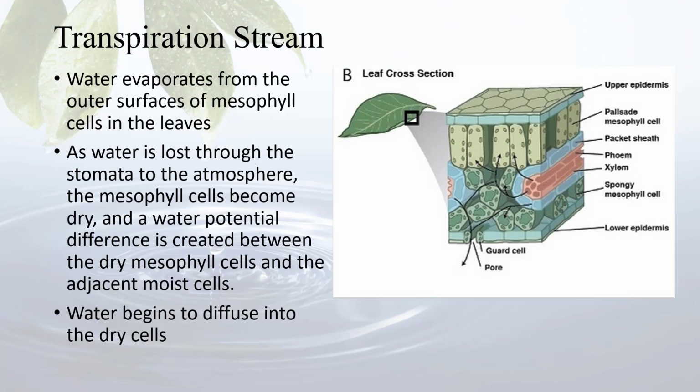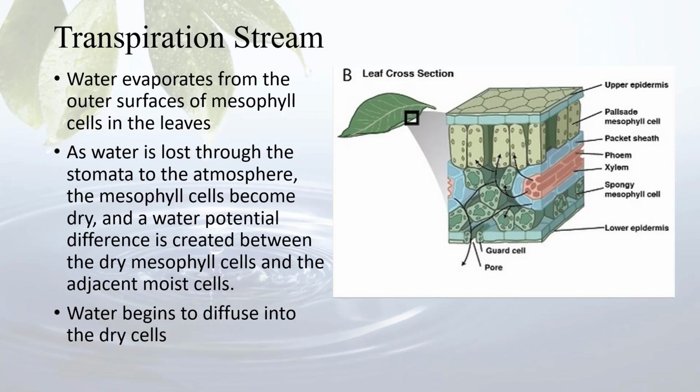And as that happens, these mesophyll cells, and remember again, looking at our leaf anatomy, essentially most of the cells except for our xylem or vascular tissue are these mesophyll cells. Those mesophyll cells become dry as water evaporates from our leaves. That creates a water potential difference between our dry mesophyll cells and the adjacent cells that are moist, and water then begins to diffuse into the dry cells.